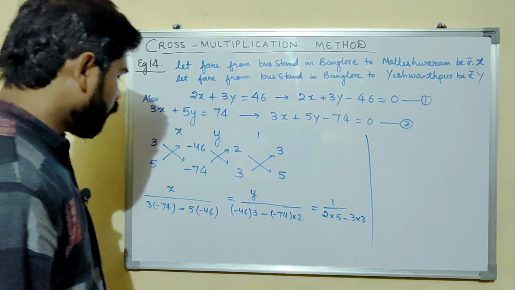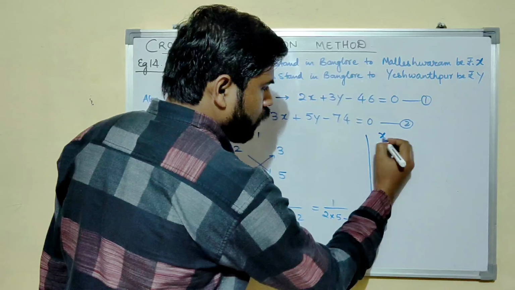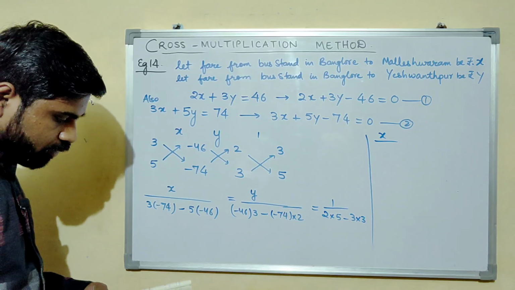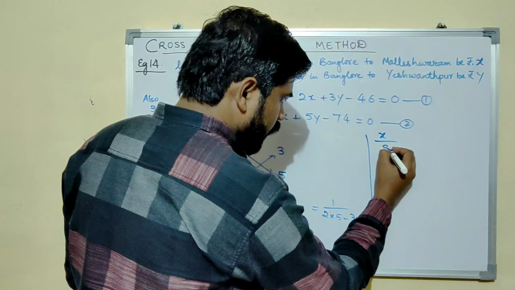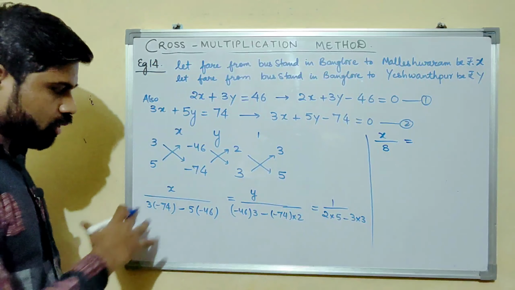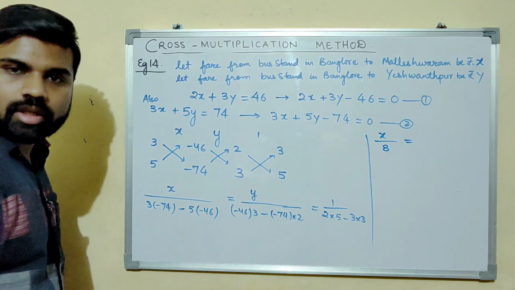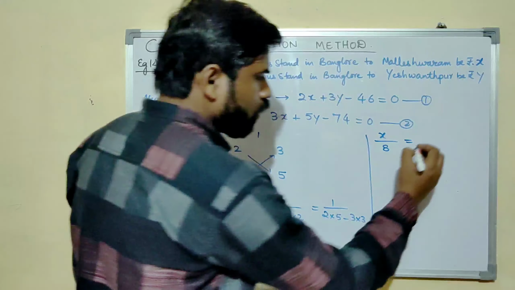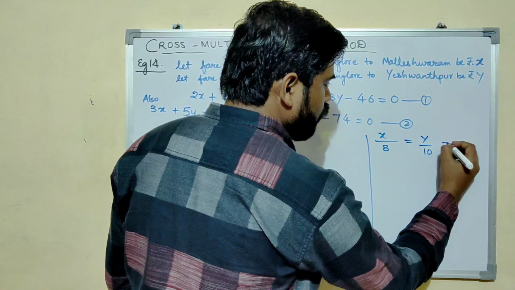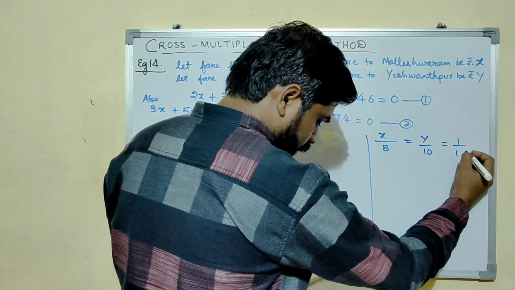On simplifying this, you will get x upon 8, and you can solve the calculations in the rough. x upon 8 equals y upon 10 equals 1 upon 1.